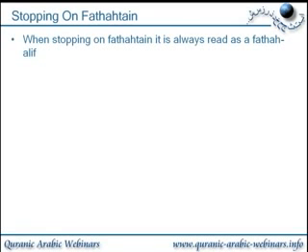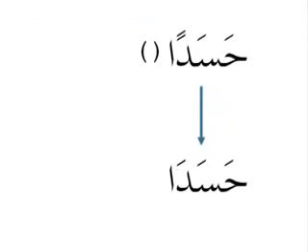Okay, now stopping on fathatain. When stopping on fathatain, it is always read as a fatha alif. So what do we mean by this? Here we have a word, dan.